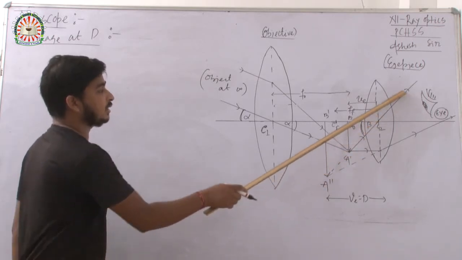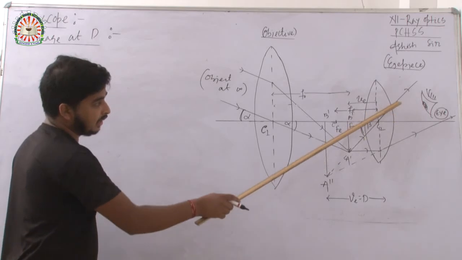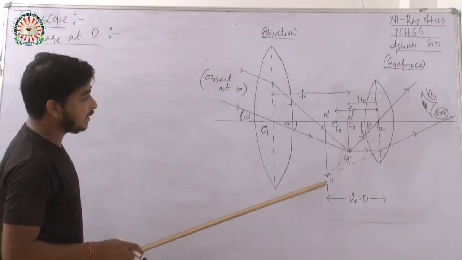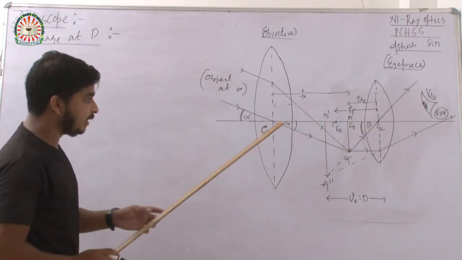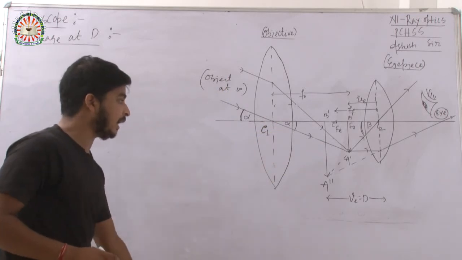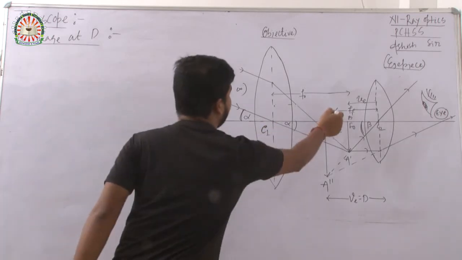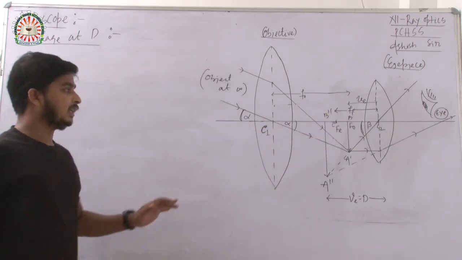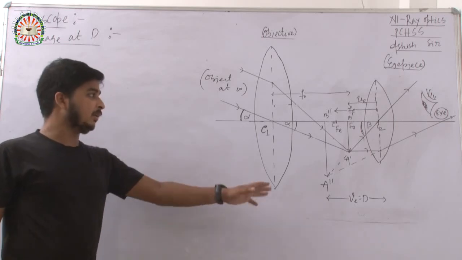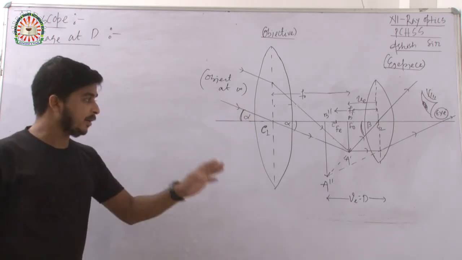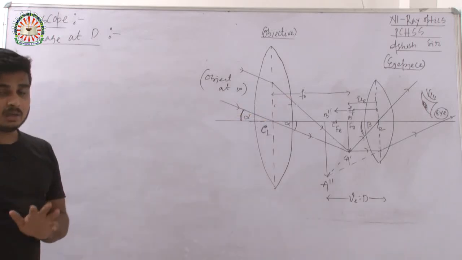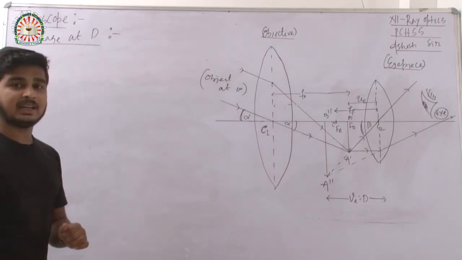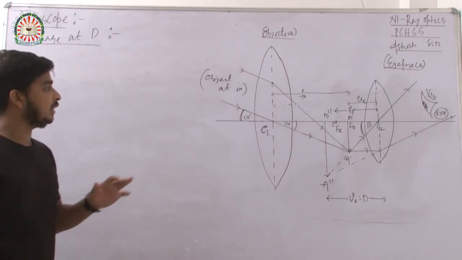One is going through this and another one is going like this. If I backtrace the path of light, they meet at point A'', and this is B''. Now the final image A''B'' is formed at a distance D from our eye. Try to understand the ray diagram first clearly.